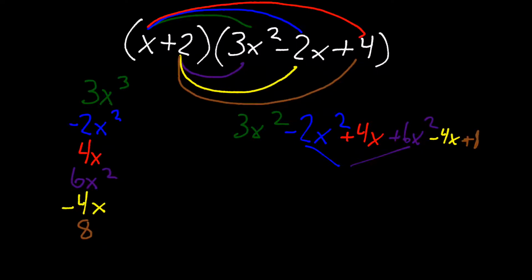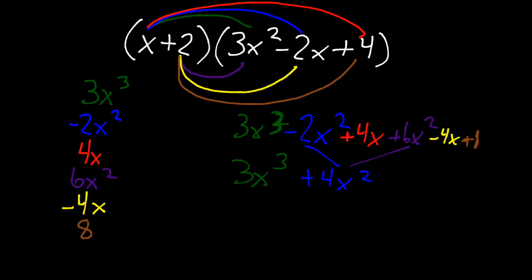And negative 2x squared plus a positive 6x squared gives me a positive 4x squared. And before we go any further, I just realized I wrote this as 3x squared when it should be 3x cubed. So that could cause some confusion. So I've combined my x squareds. That 3x cubed is going to stay in the front because we want our highest degree to be in the front.